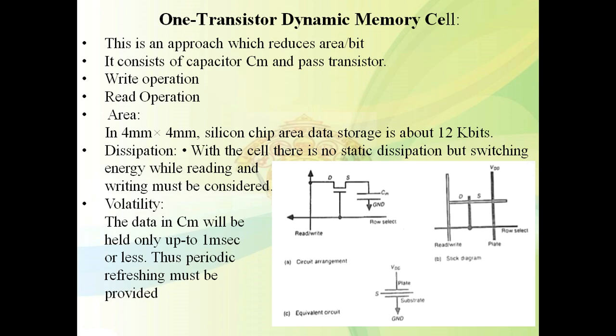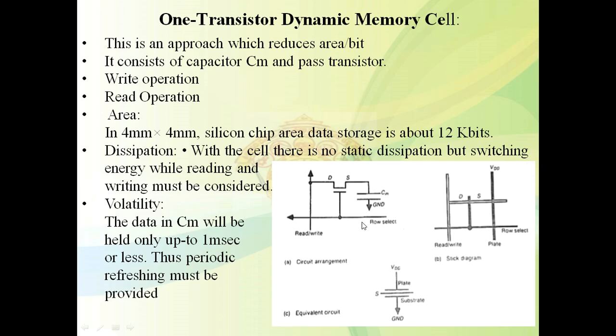The 1 transistor dynamic cell, its arrangement is like this. Okay, so there is only 1 transistor, and this is a capacitance. By using this transistor we can store the data onto this gate capacitance.